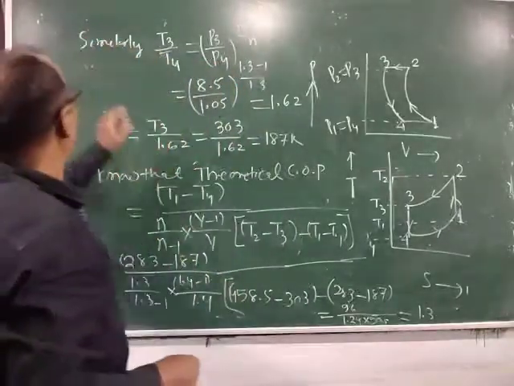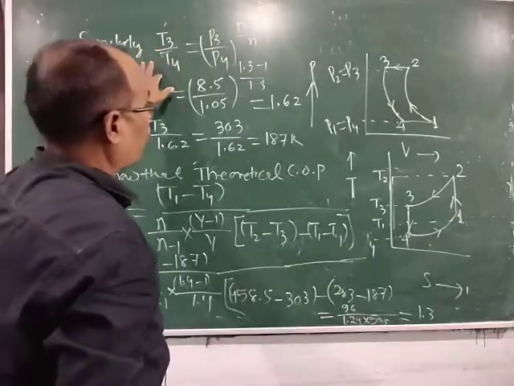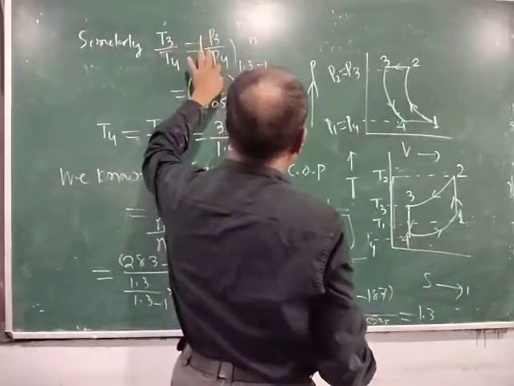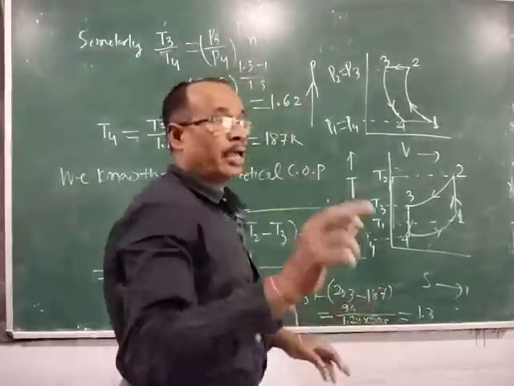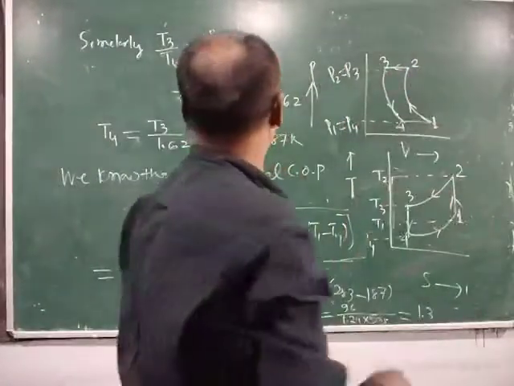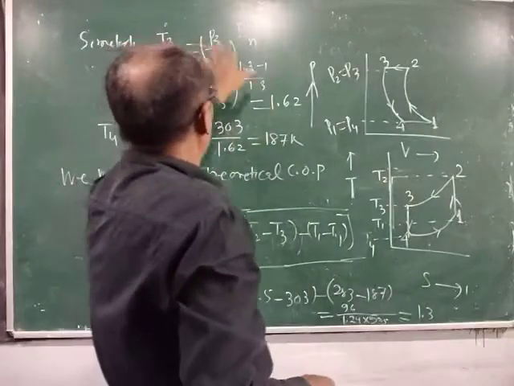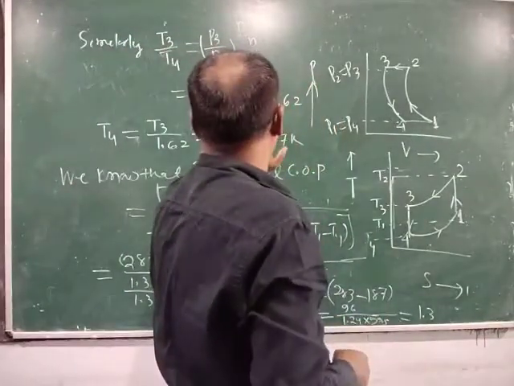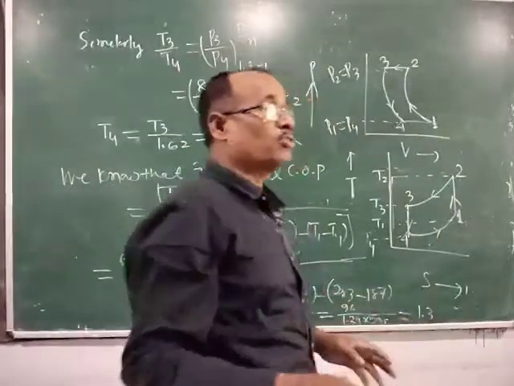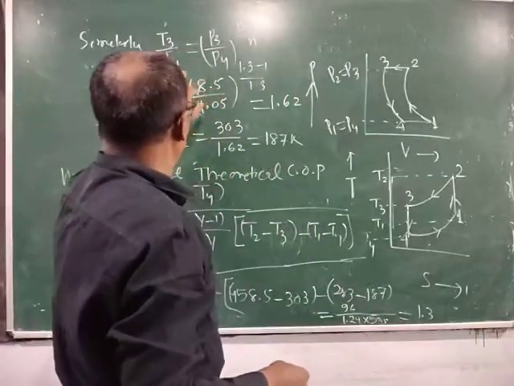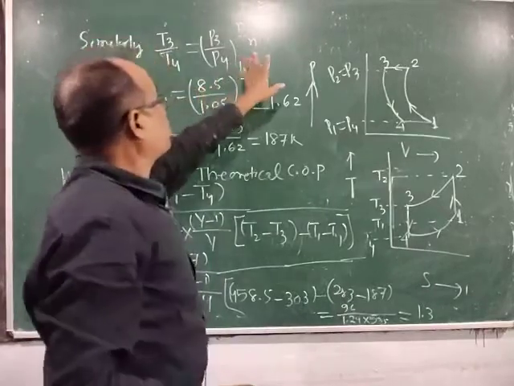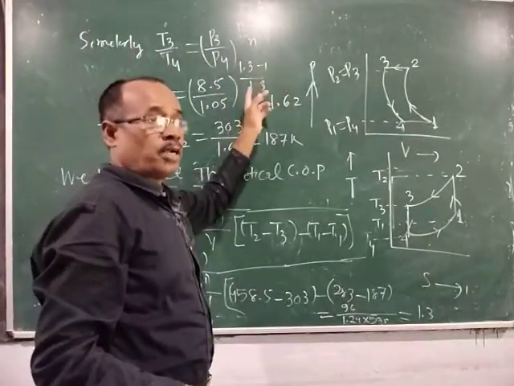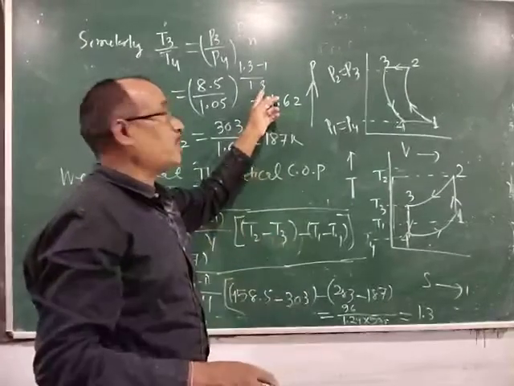Similarly, T3 by T4 is equal to P3 by P4 to the power (N minus 1) by N. But P3 is equal to 8.5, and P4 is equal to 1.05. Therefore, putting all the values, we have 8.5 by 1.05 to the power (1.3 minus 1) by 1.3, because n is equal to 1.3.